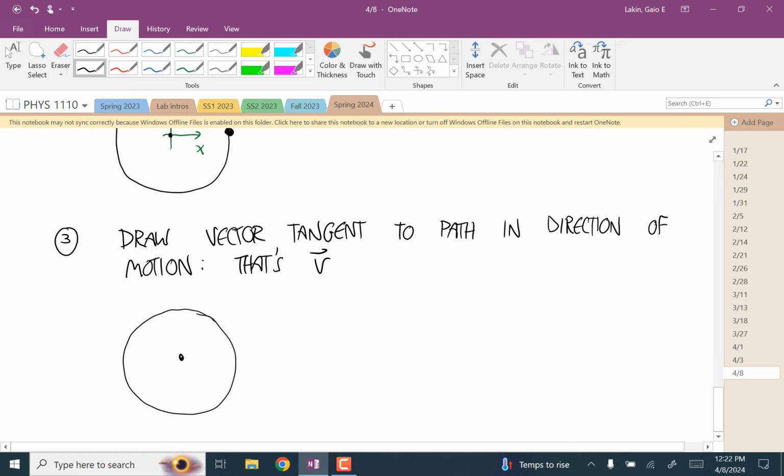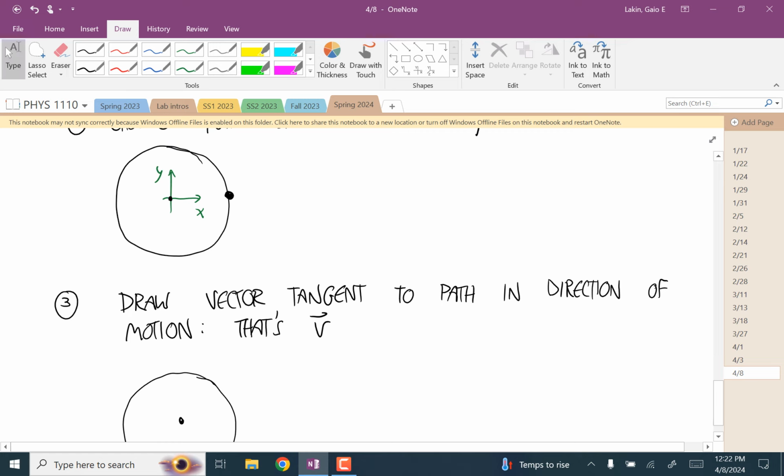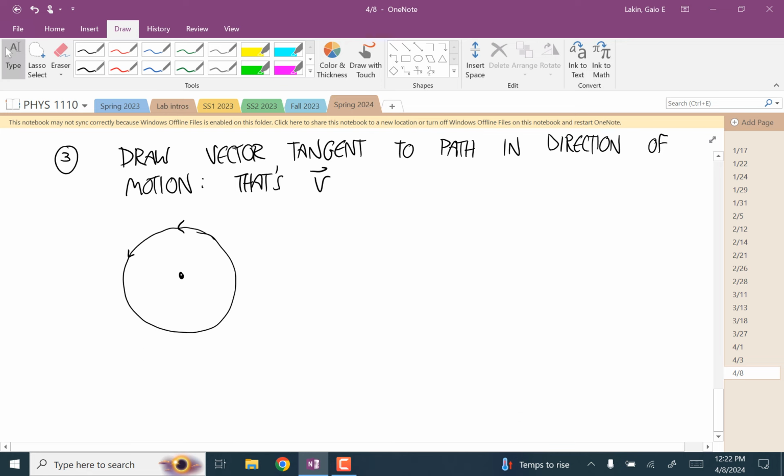So there's the path. Let's say this is still the same motion, so we're talking about, from above, a counterclockwise motion. That's the point we're trying to analyze. So I'm going to draw a vector tangent to the path in the direction of motion. That's the velocity vector.